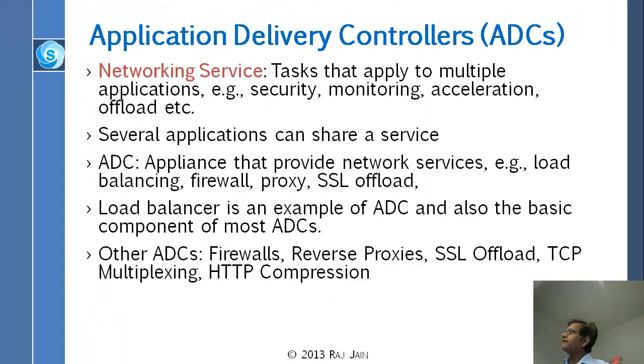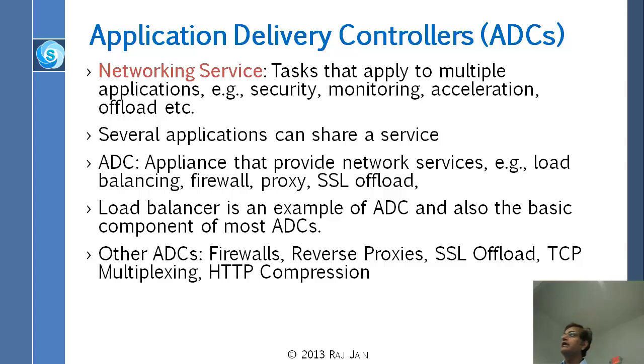So we call it network service, a task that applies to multiple applications, such as security, monitoring, acceleration, offload. These things may not be application specific. A web server can use it, a file server can use it. For example, logging, okay? Many servers can use it. And so, intrusion detection and so on and so forth.